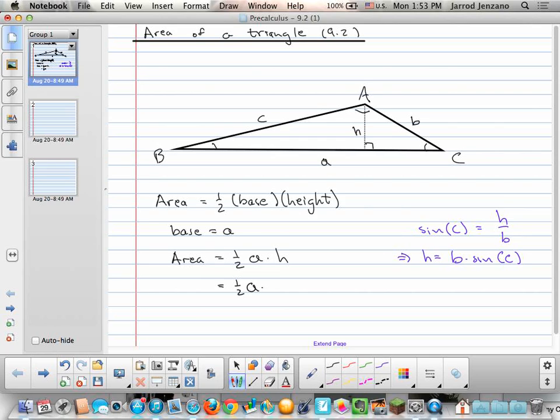So now I have that the area is 1/2 A times B times the sine of C.